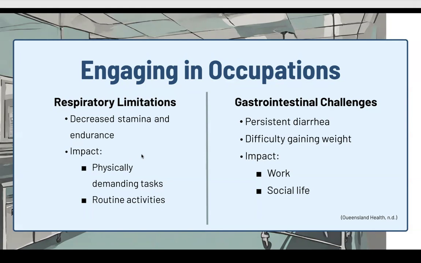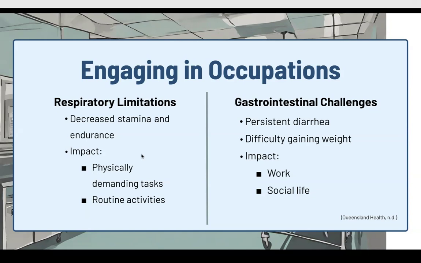These respiratory challenges can result in decreased stamina and endurance, which makes it difficult for people with cystic fibrosis to participate in physical activities, whether it be for work, school, or leisure. In our case, he experiences frequent wheezing and coughing, which can limit his ability to engage in physically demanding tasks or even routine activities like walking or climbing the stairs.